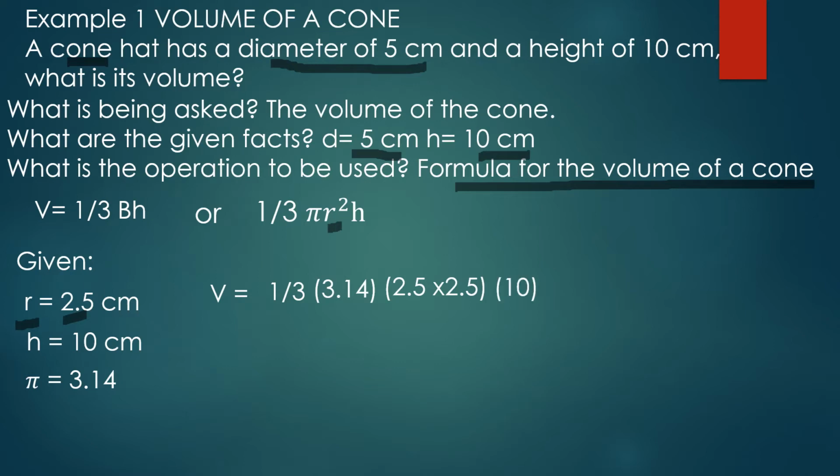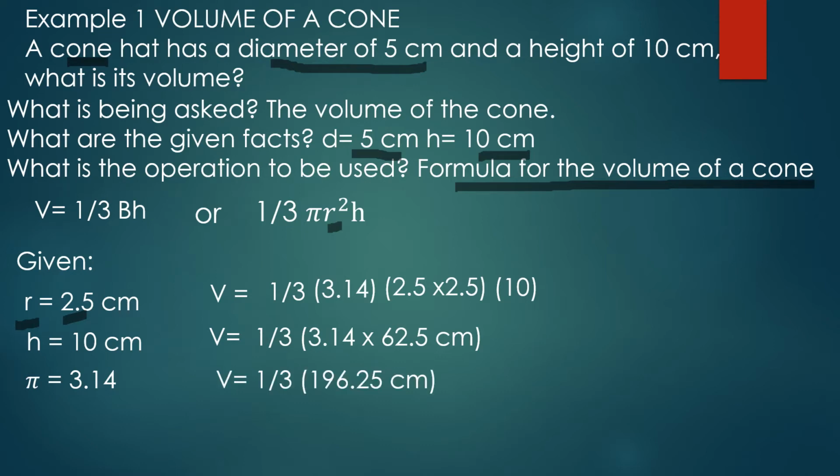Ang height natin ay 10. So, yan. 1/3 of 3.14 times 2.5 times 2.5 times 10. Volume equals, ito muna ang multiply natin, 2.5 times 2.5 times 10 is 62.5 times 3.14. Then 1/3.